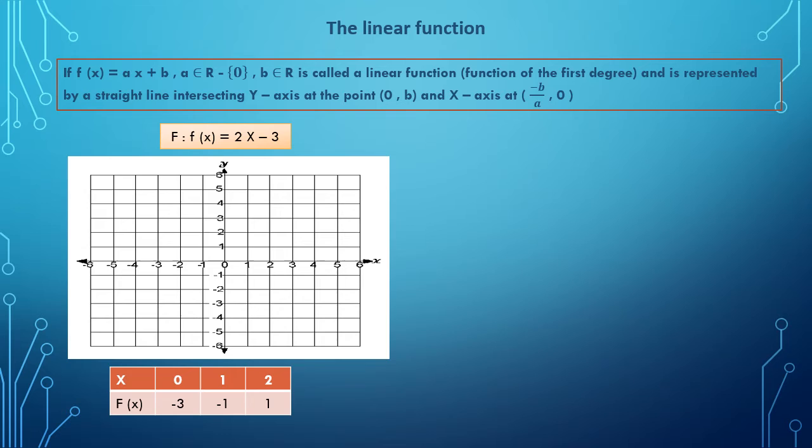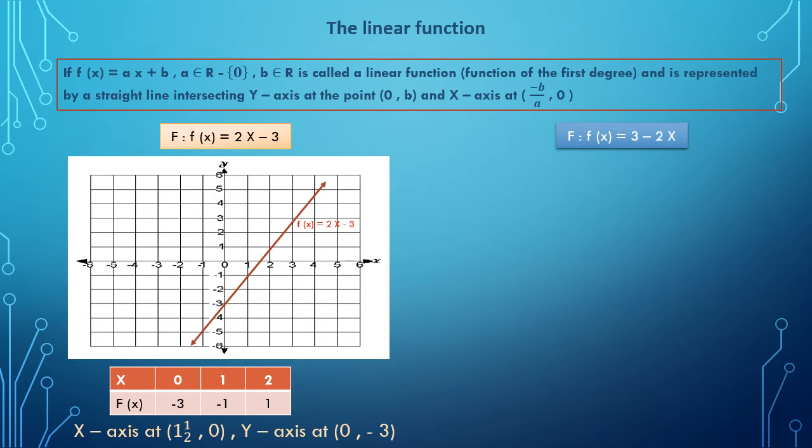By plotting these points (0, -3), (1, -1), (2, 1), we get this straight line. It intersects the x-axis at (1.5, 0), and the y-axis at (0, -3).